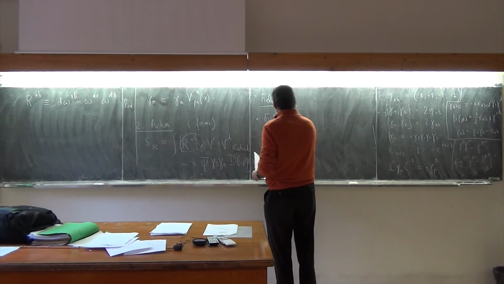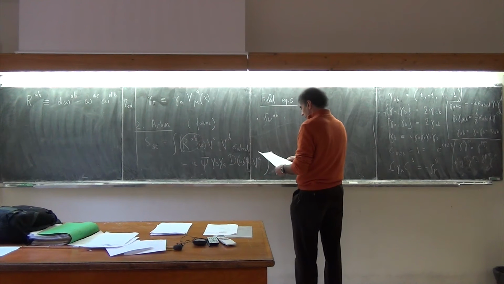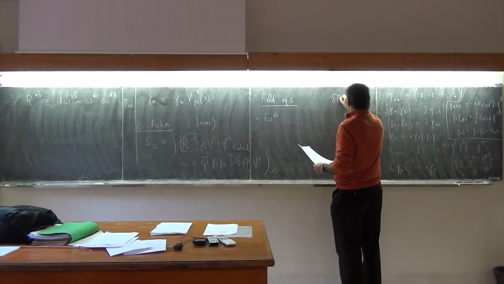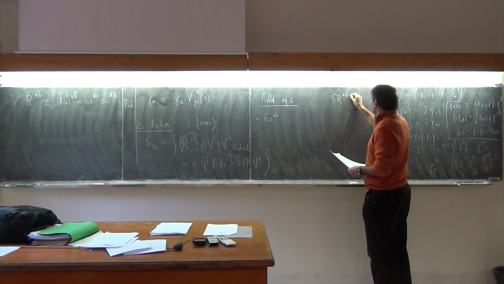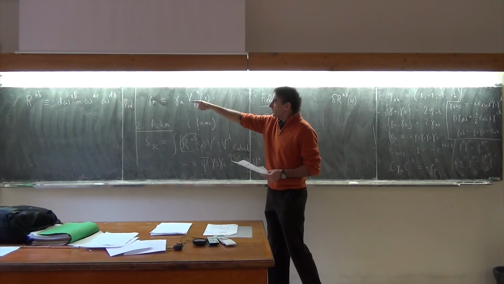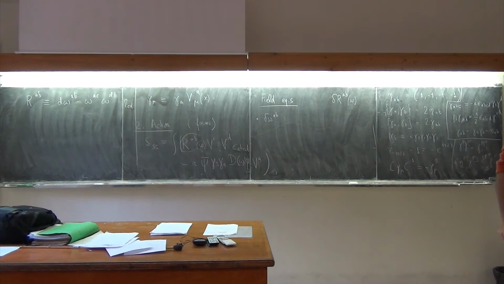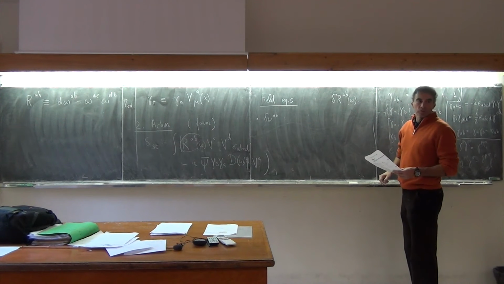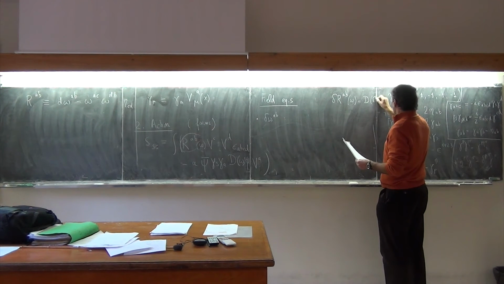Okay, then I perform the variation of the spin connection in this action, and what do I get? You remember that when you vary the curvature that depends on omega in this way, this is quite similar to what happens when you vary the Yang-Mills field strength. It gives you, in fact, the covariant derivative of the variation of the connection, in this case the spin connection. So this is just the covariant derivative of the variation of the connection, d omega.